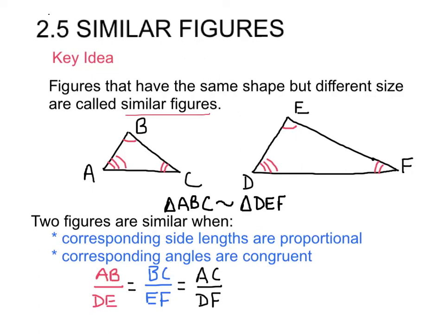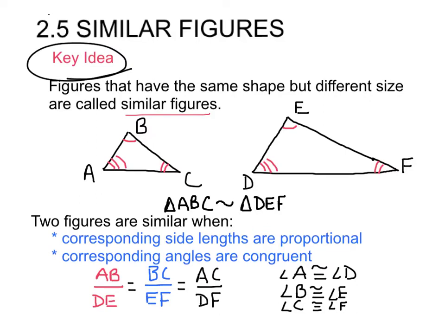If they're not, you do not have similar figures. We also know that the angles are congruent, so we can say angle A is congruent to angle D. Angle B is congruent to angle E, and angle C is congruent to angle F. So this is your key idea. Please make sure you study and know this.